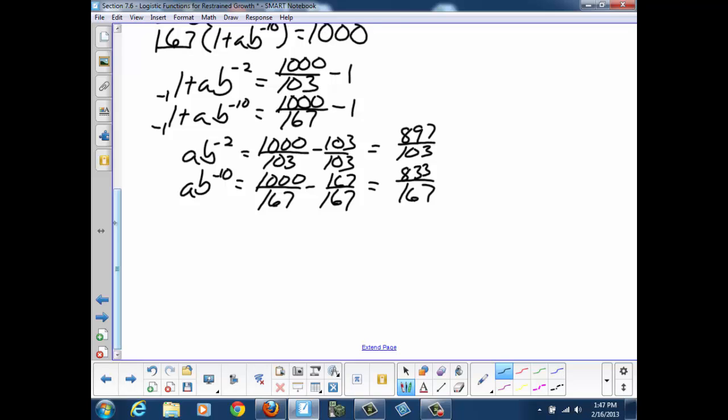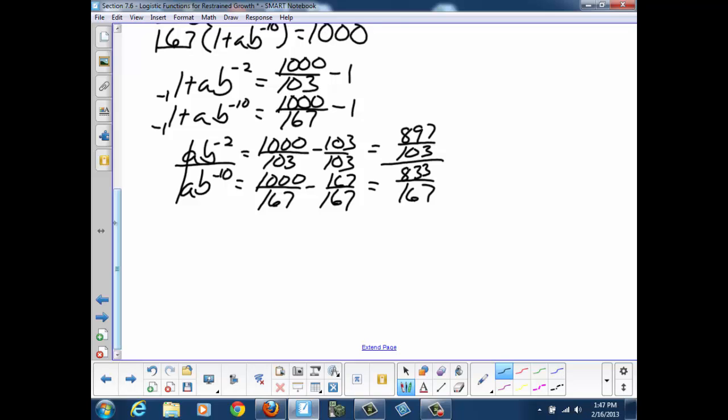And here I need to find some way to combine these two equations and solve for one of the variables. So if I divide, I'll be able to eliminate my a values, and I subtract my b value exponents.